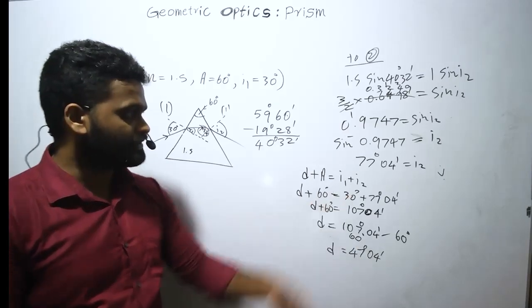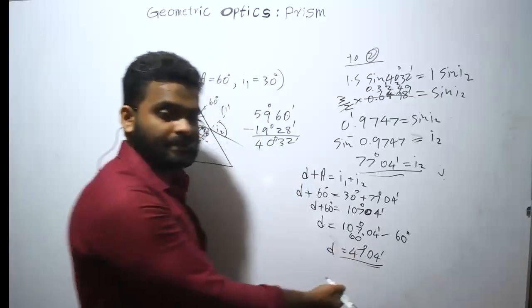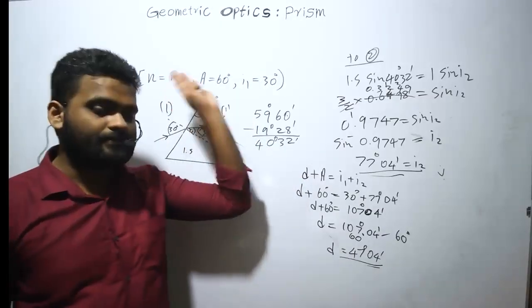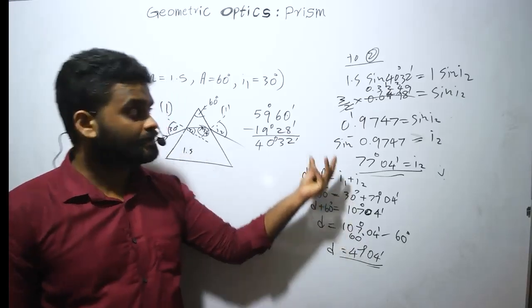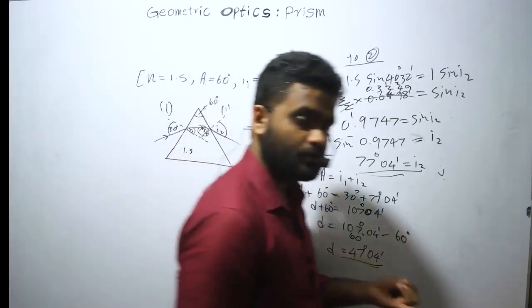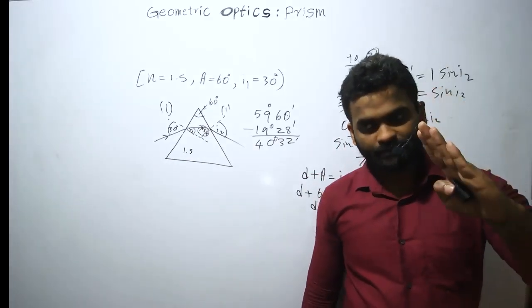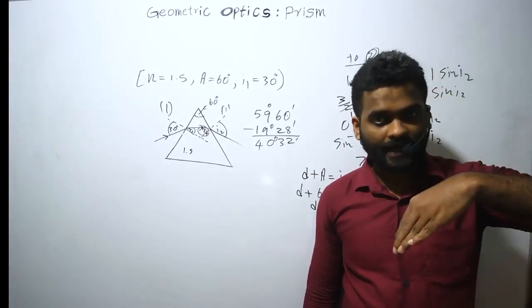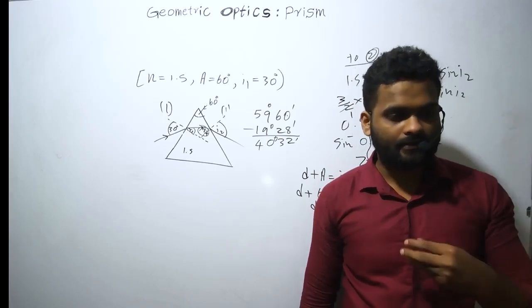In the question, first they ask I2, then they ask simple D. So in this question, you have to find everything: I1, I2, R1, R2, and we applied Snell's law to the first refracting surface and the second refracting surface. So we did everything.